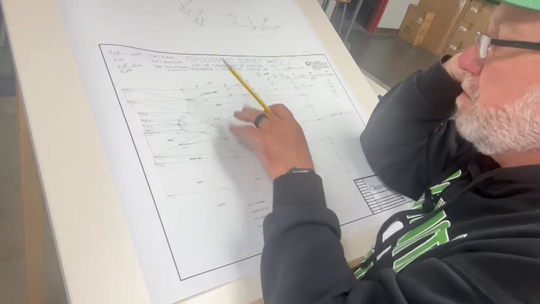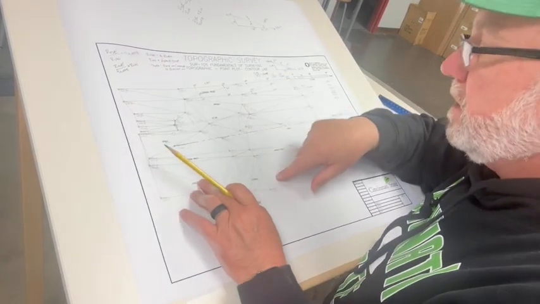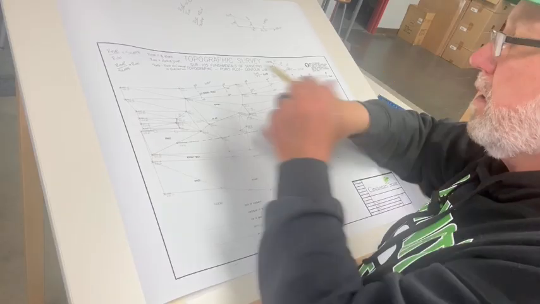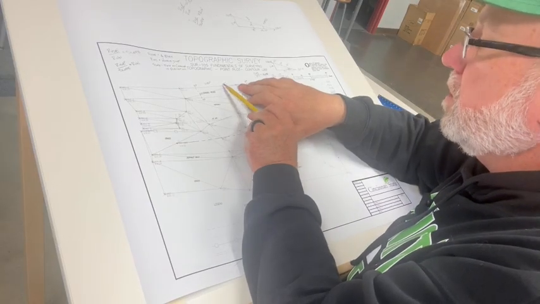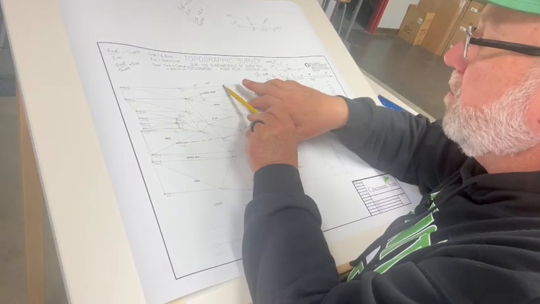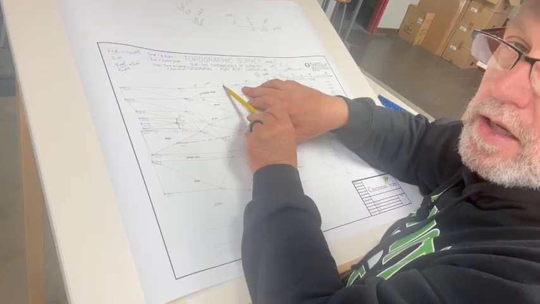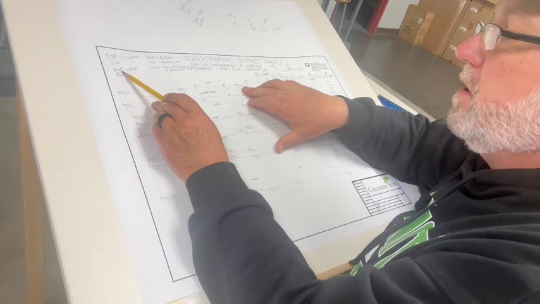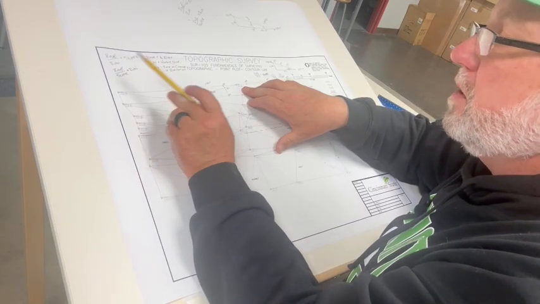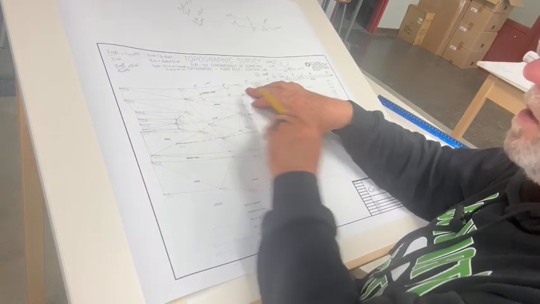Once you find your slope between any two points, you know what contour you're going to be looking for. So you have your contour you're looking for and your beginning line elevation. So now you have your rise, you know your slope, you calculate your run and measure that out.